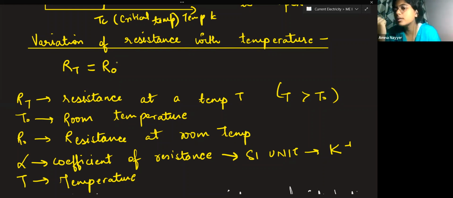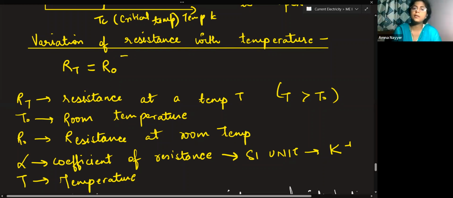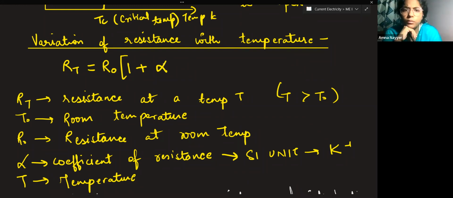So this becomes R naught. So RT is equal to R naught, and under square brackets, 1 plus alpha. Now what is this alpha? You people must have done it in your 11th standard in the thermal expansion lesson: linear expansion, superficial expansion, volume expansion. Did you people go through this? Ever done this?